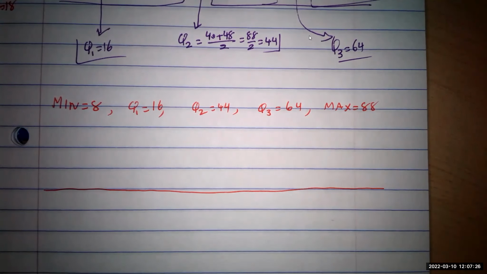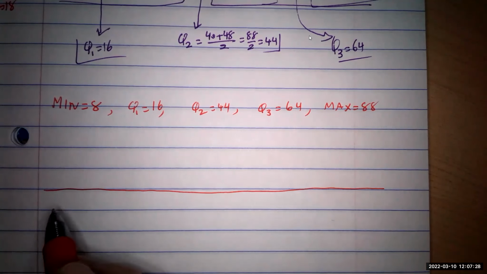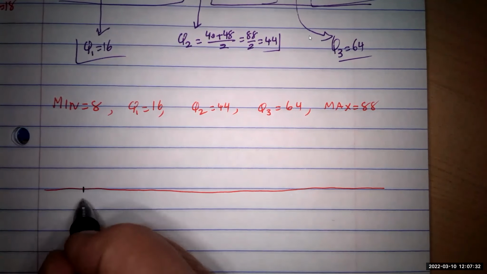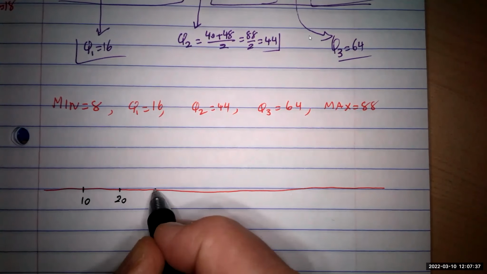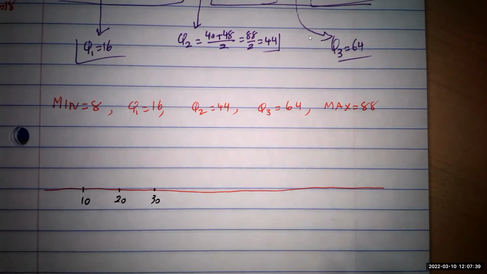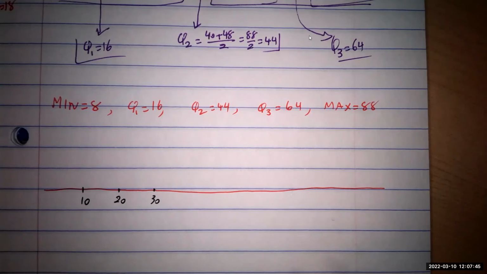So you need to divide them into tens. So this is going to be 10, 20, 30. Okay, 10, 20, 30, 40.